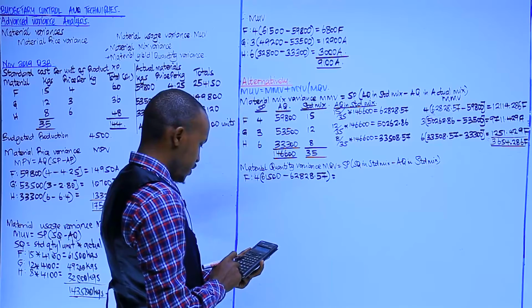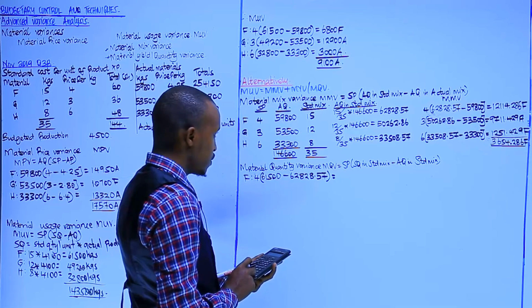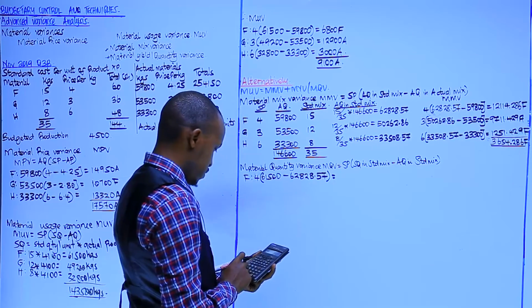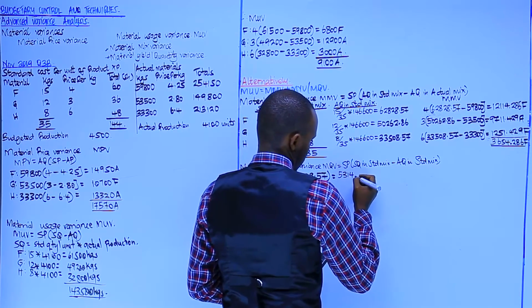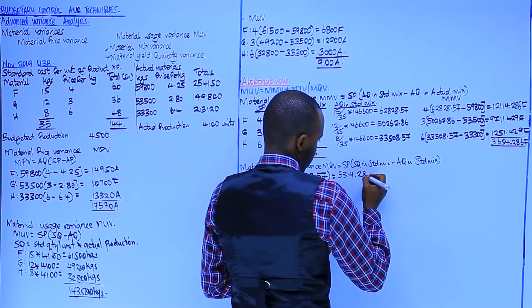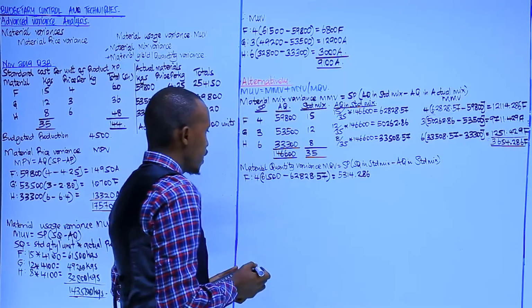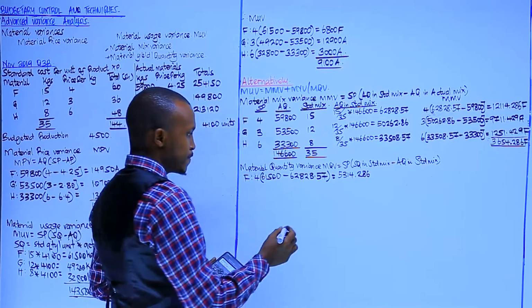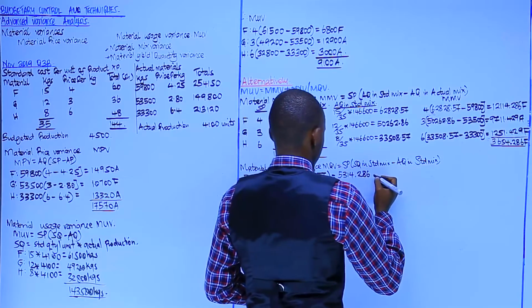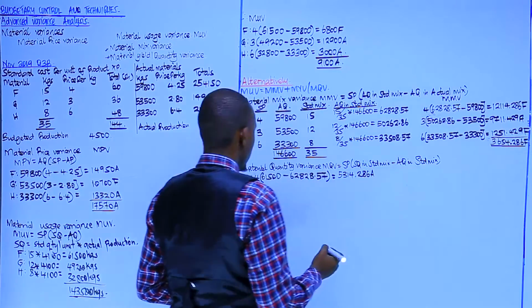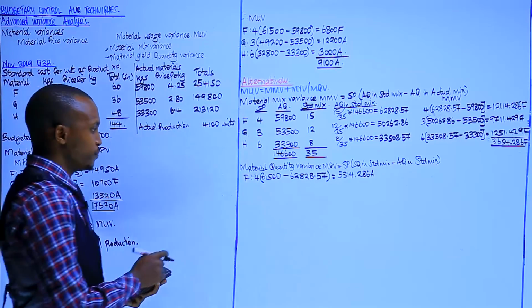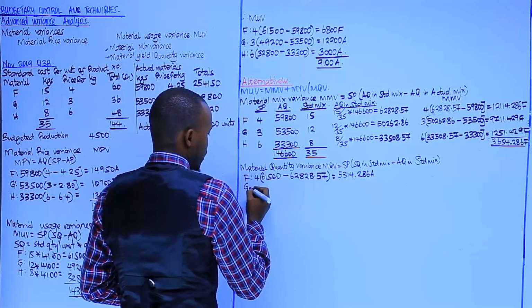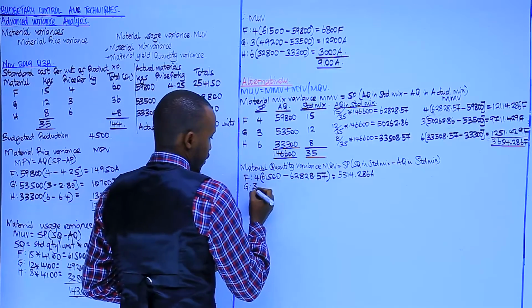Let's confirm that. 53, 14, 0.286, which will be favorable, adverse, not favorable, adverse. You've used more quantity of raw material F, that is 3.